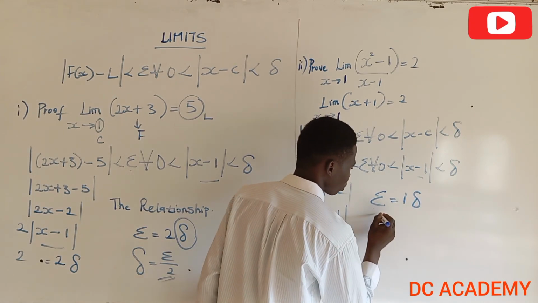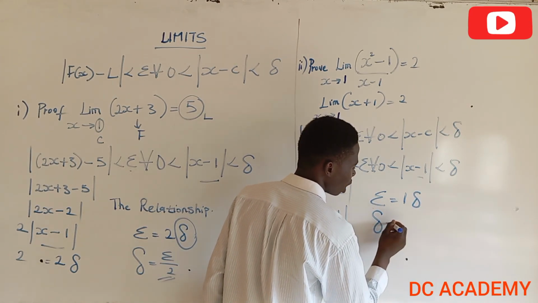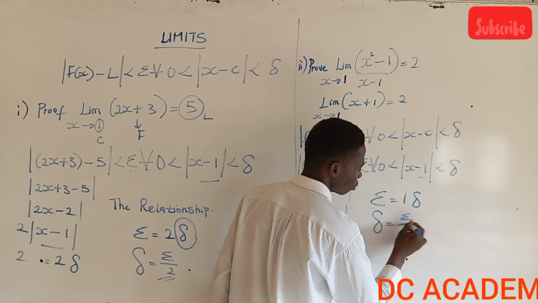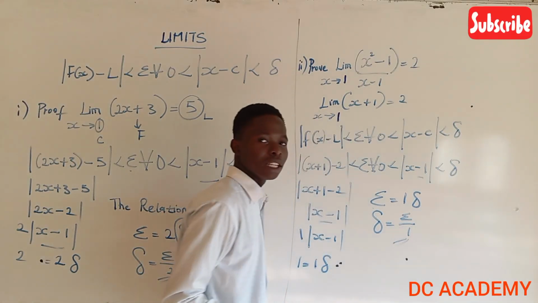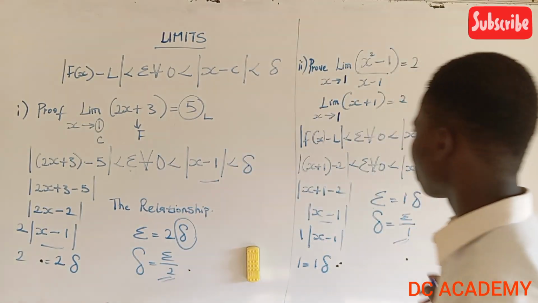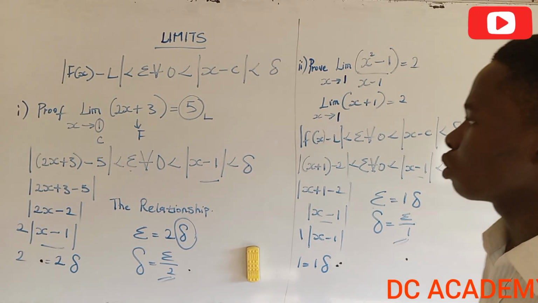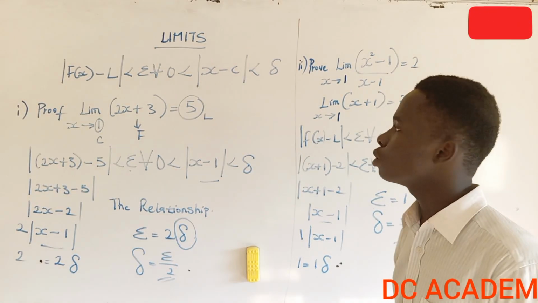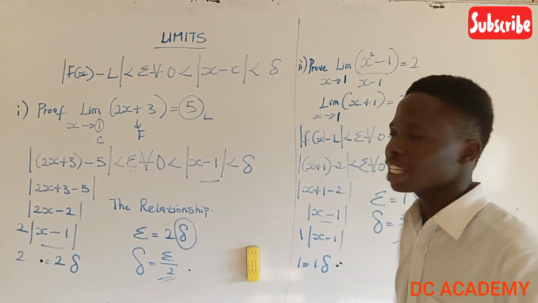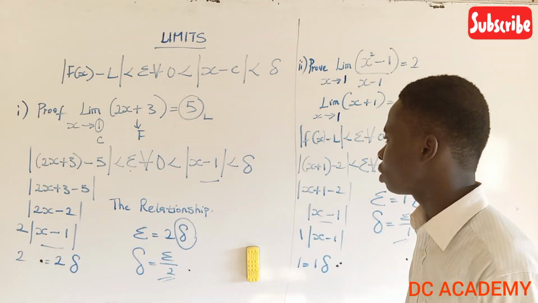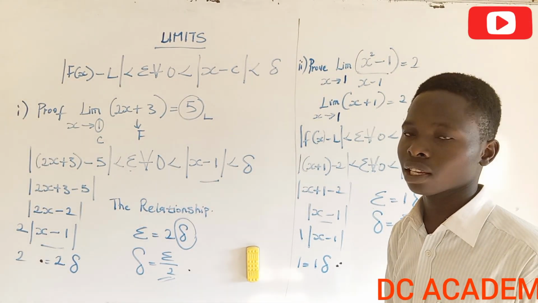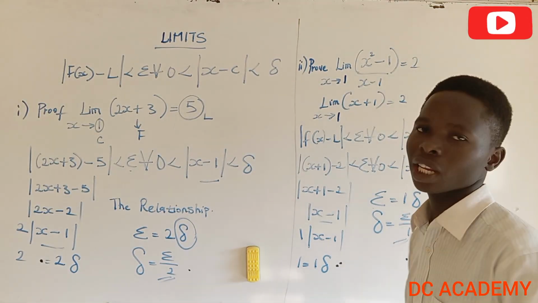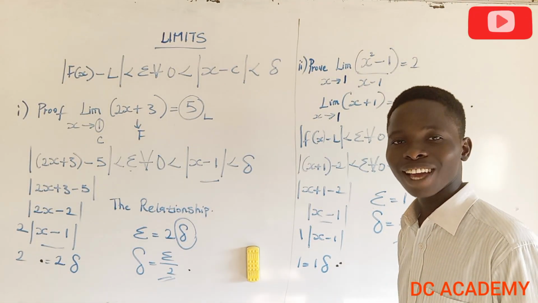And when you make it the subject of the formula, we now have delta equal to epsilon over 1. And basically, this is our answer. So this is what we're doing here in limits and continuity. This is how to prove the limits. We'll evaluate the limits in our next class. So for now, see you in my next video and bye for now.